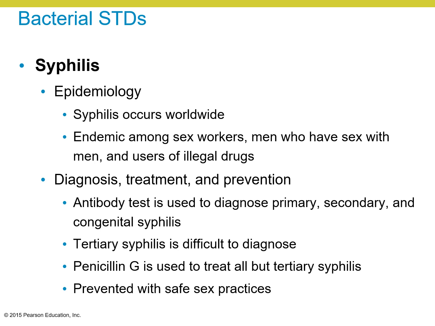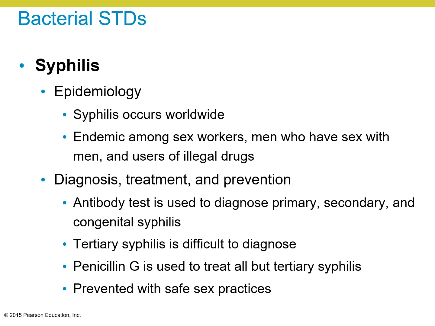When it comes to epidemiology, it's a worldwide condition, endemic only among sex workers, men who have sexual intercourse with other men, and users of illegal drugs. For diagnosis, antibody tests are used for primary, secondary, as well as congenital syphilis.